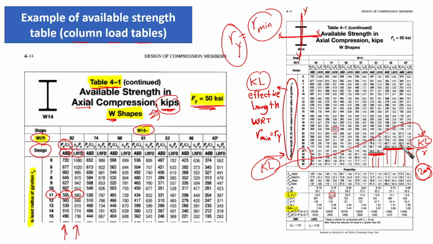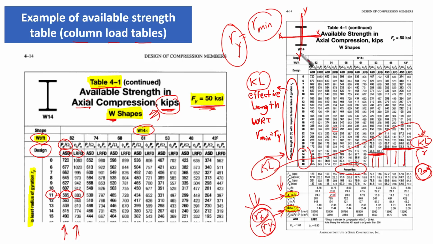Also, at the bottom of this table, you're going to find properties of the cross section itself, giving us different properties, like the area, for example, which is an important property here, and another very important property, Rx over Ry, which is the ratio of the radius of gyration Rx over Ry.